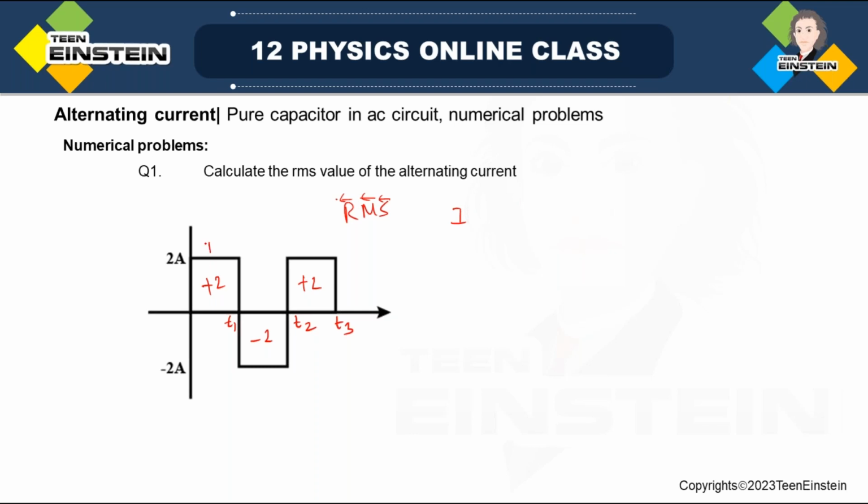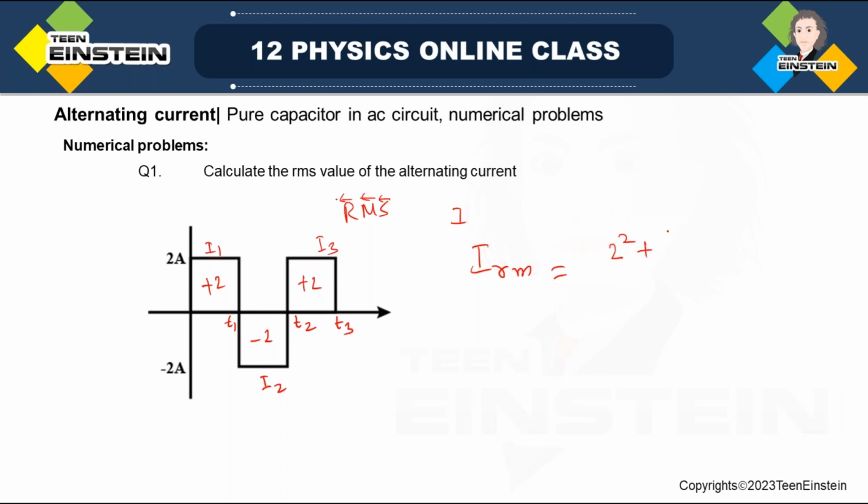So if I say this current is I1, this is I2, and this is I3, then we can take IRMS like this: square all of them and take the sum of them. Square, then mean, and we have to take the mean also, right?